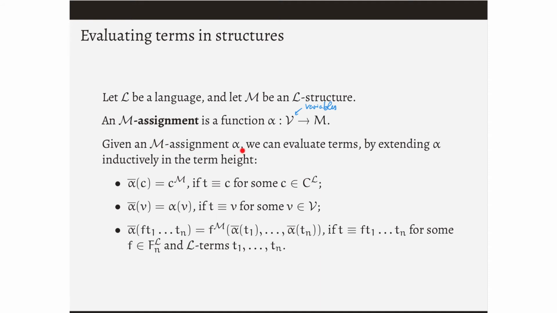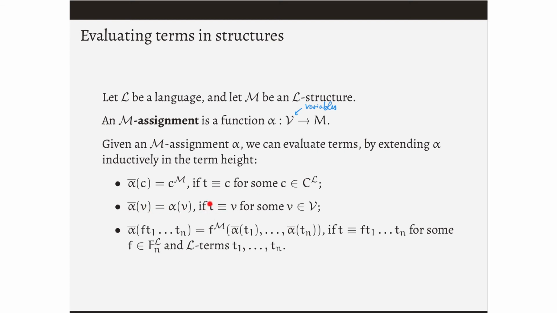And once we have that, we can evaluate terms by extending our assignment, alpha, inductively in the term height. So that works as follows. Alpha bar here denotes the extension of an assignment alpha to all terms. Of course, every variable is a term, so we just use alpha as the basis.